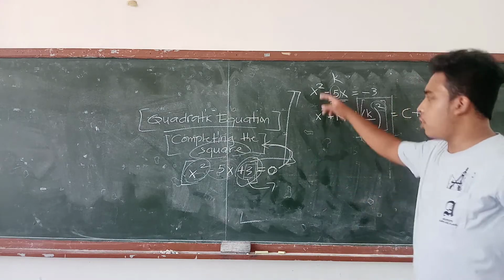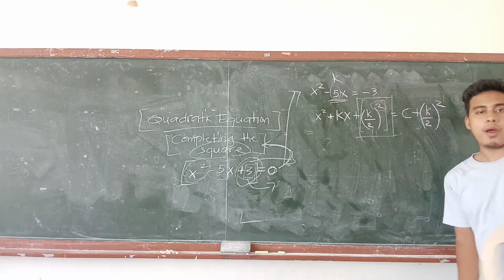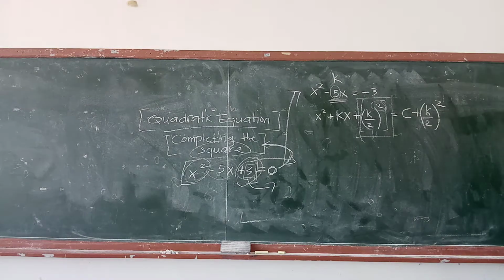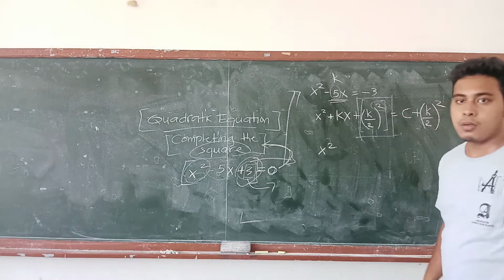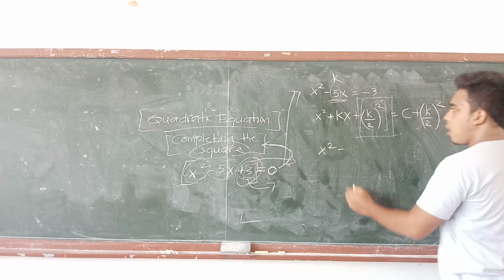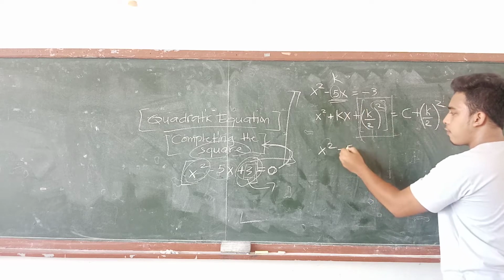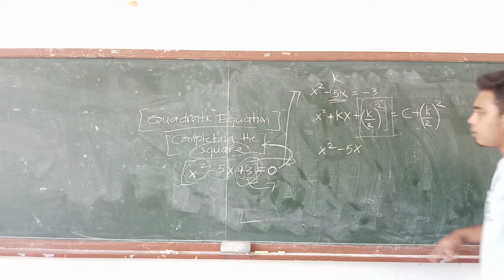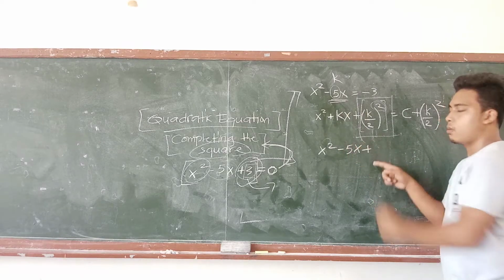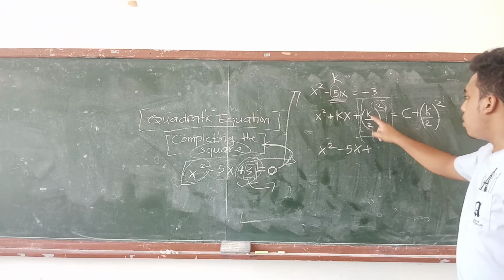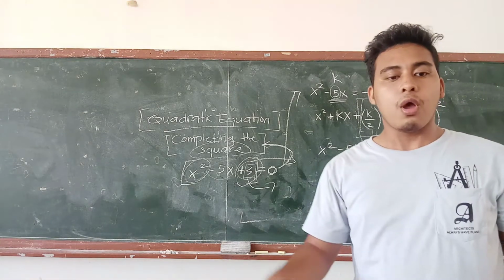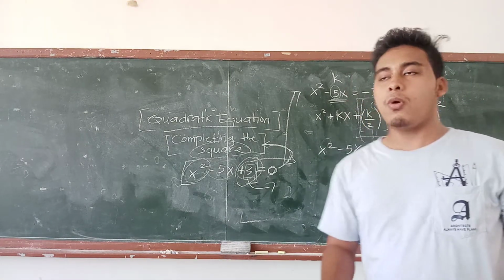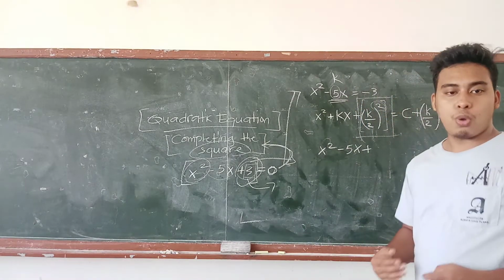So going back to that example, x squared minus 5x equals negative 3. So let's copy x squared minus the numerical coefficient, which is 5x, then plus the k divided by 2, or the numerical coefficient of our linear term will be divided by 2.